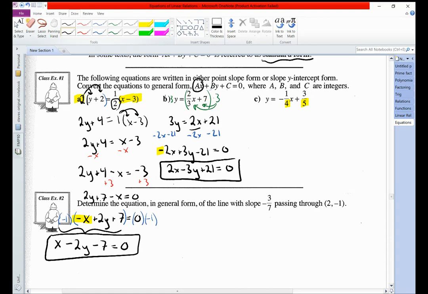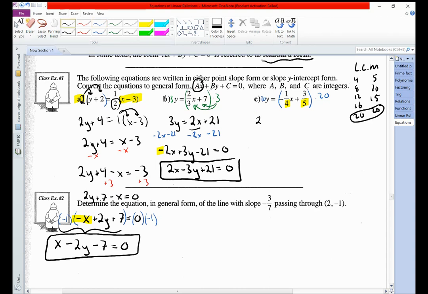The easiest way to deal with this is to find the least common multiple of 4 and 5. If we count upwards, 4, 8, 12, 16, 20, 5, 10, 15, 20. Looks like 20 is our least common multiple.